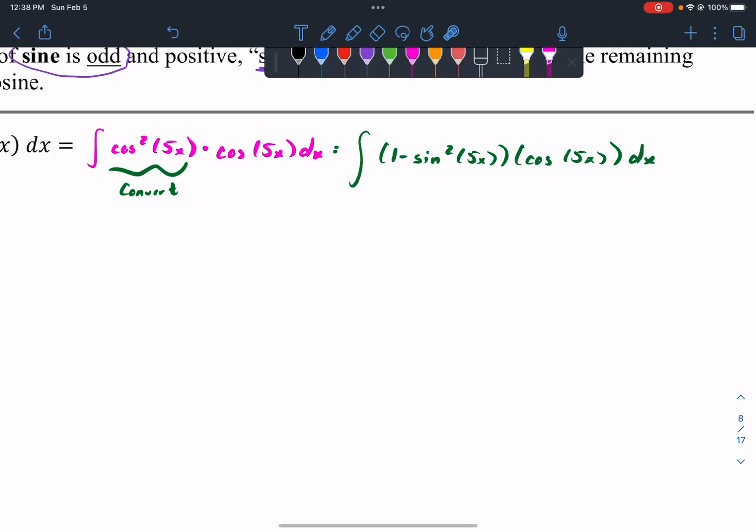So when we're dealing with a product, we can go straight to u sub. We can say that u is going to be the sine of 5x. Now, be careful with your chain rule. The derivative of sine is cosine, but you do have to multiply by 5. So du is 5 cosine of 5x dx. So when I rewrite, I'm going to have an extra 1/5 whenever I do my replacement. So be careful with that.